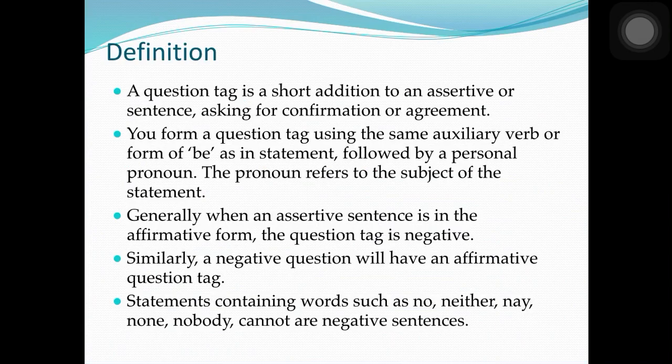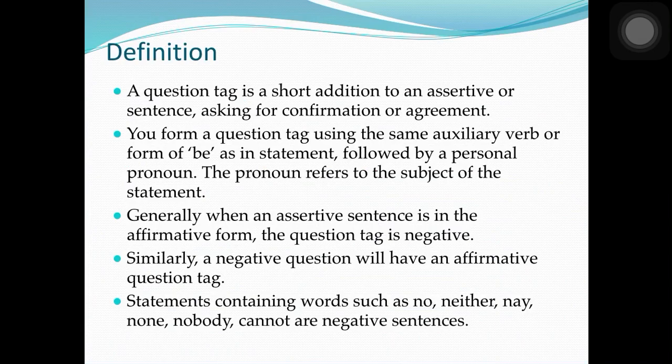And rule number two is a negative sentence will have an affirmative question tag. So if the sentence is negative, the tag will be positive. So these two rules are very important. You can star these two rules and remember that these rules carry a lot of marks.